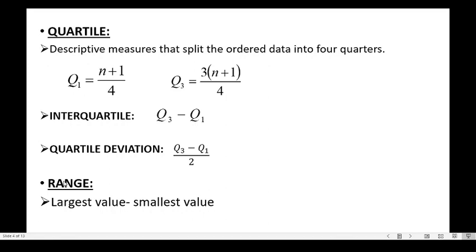How about range? Range is the difference between the highest and the smallest numbers. Identify the largest and the lowest value, and then subtract to get the difference. That will be your range. Just subtract it.